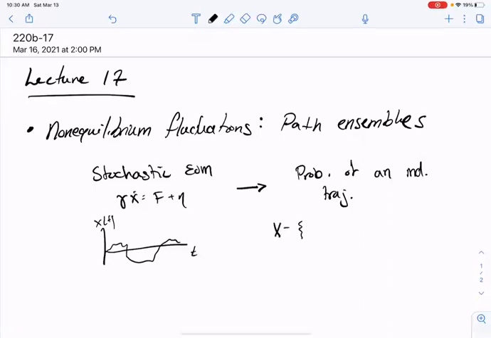So we will think about the statistics of those paths. What was the probability to have drawn this black path? And how does that relate to the probability of seeing that individual red path?